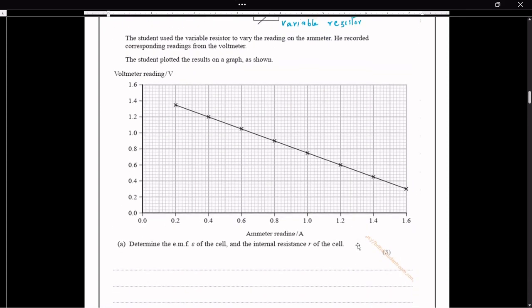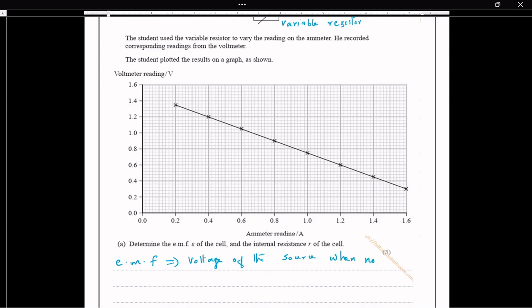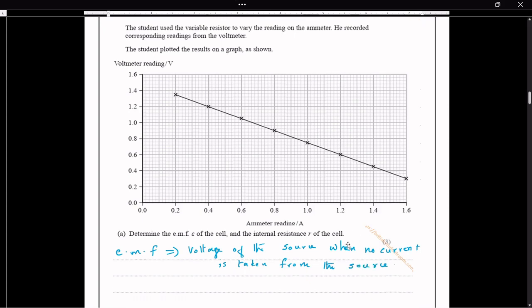We know that EMF is the total voltage we get from the source when no current is taken from the source.